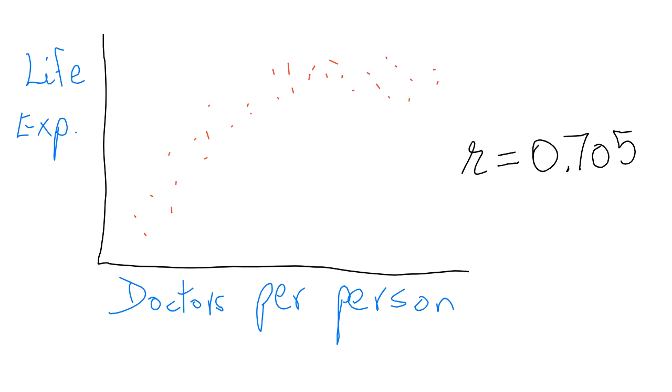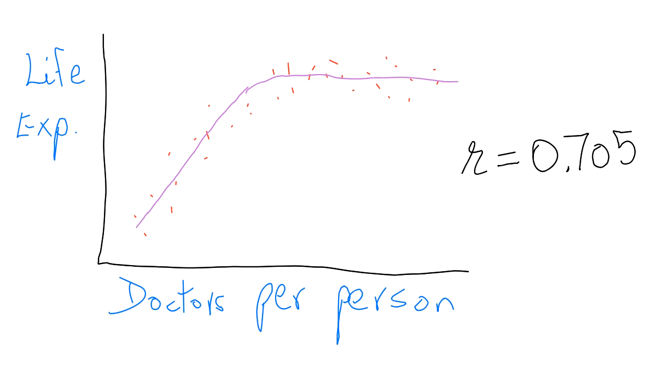If I had to draw a line through these points, it would probably look something like this in the beginning. As I keep sending doctors to these developing countries, the life expectancy will increase. Or if more doctors graduate in those countries, the doctors per person increases, and the life expectancy increases. But then at some point it levels off, and no matter how many doctors I keep sending, the life expectancy stays the same.